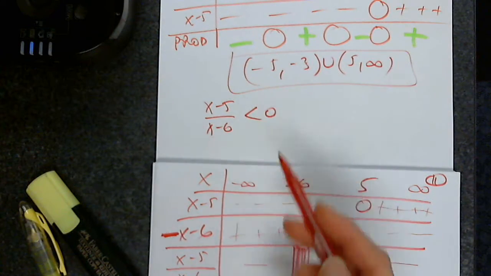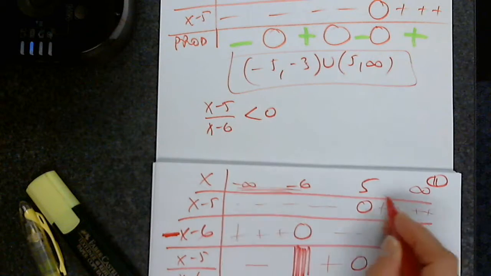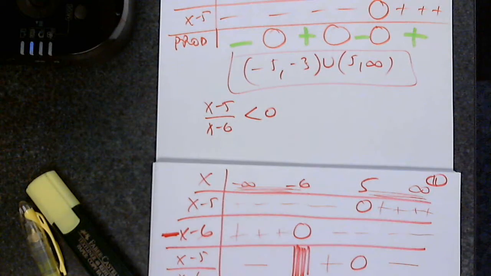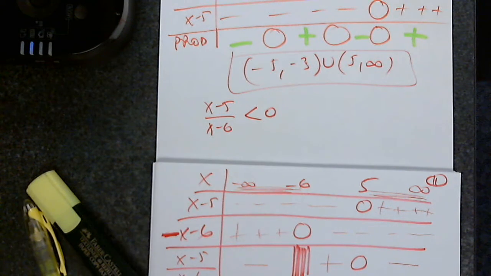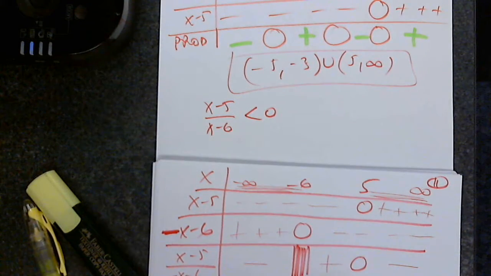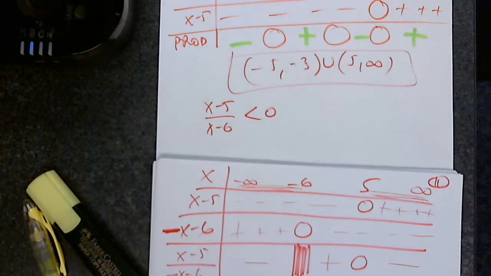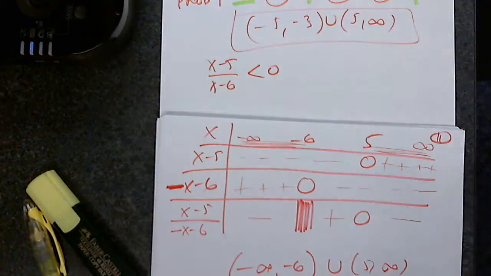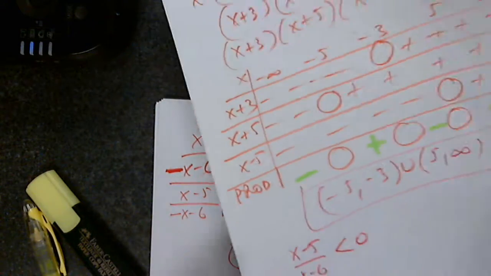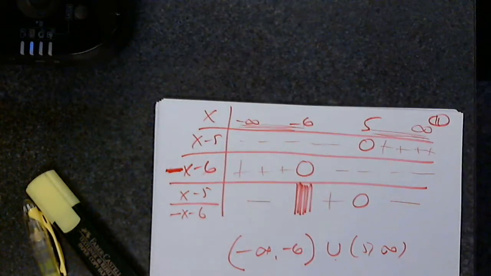And since I want to choose negative, I have to choose this and this. Of course, the solution changed. Now I have negative infinity to negative 6, union 5 to infinity, only because I changed the problem by putting a negative there.